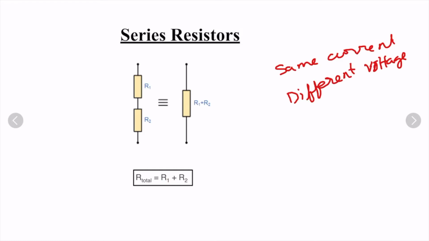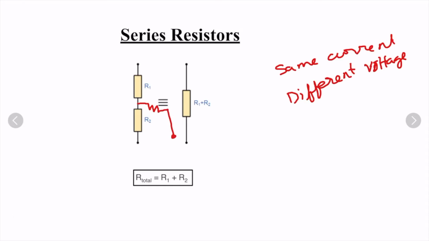Okay, and if you are trying to analyze whether these particular elements are in series or not, you will just see that there shouldn't be any branch like this. Suppose there is a resistor connected here.